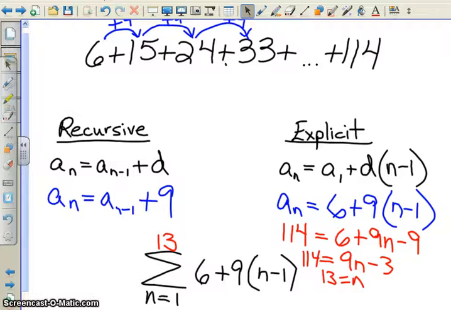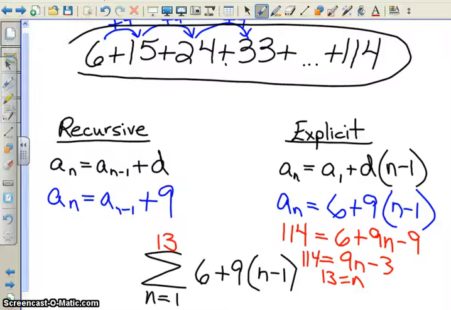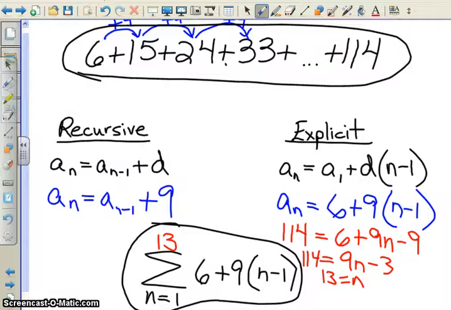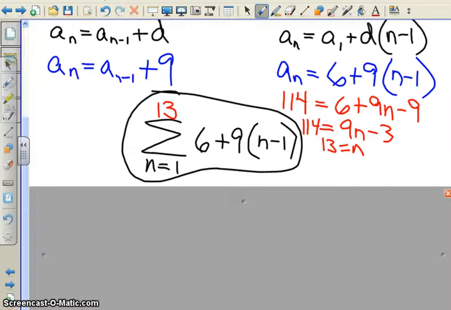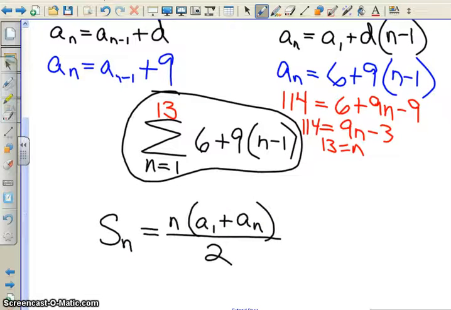So to actually find the sum, I could either add all of these terms together, all 13 of them, or I can type this into my TI-84 calculator, or I can use a formula from my reference sheet where it says sum of a finite arithmetic series. So I have just figured out that there's 13 terms in this series, so I want the sum of 13 terms.